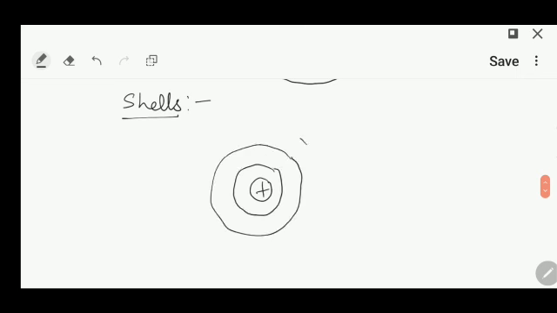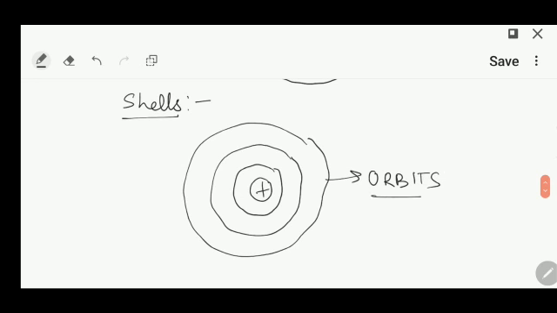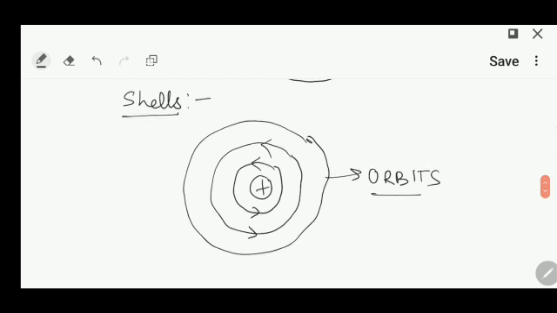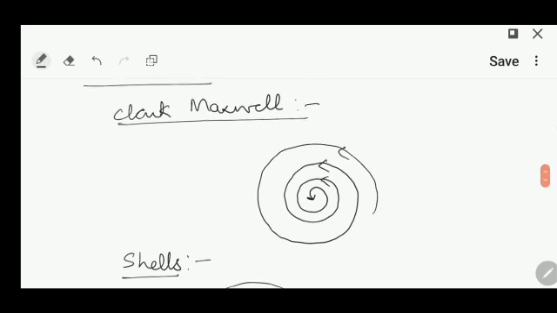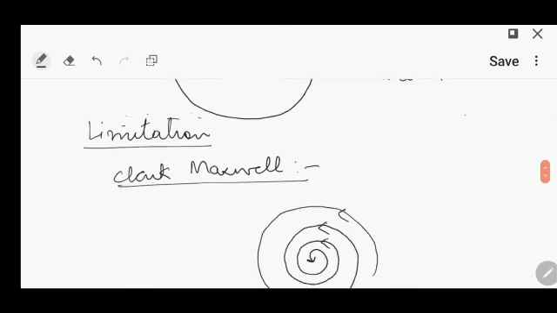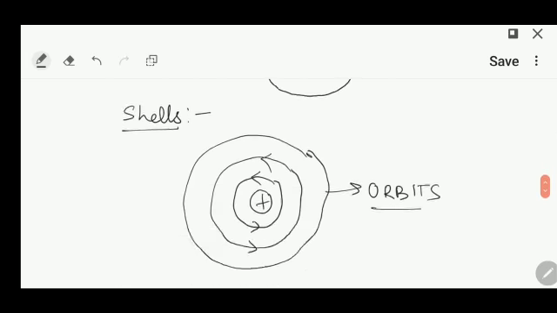These paths are called orbits or shells, because whenever an electron remains in a fixed path, its energy also gets fixed. So the biggest limitation of the Rutherford atomic model is that he did not give the concept of shells.